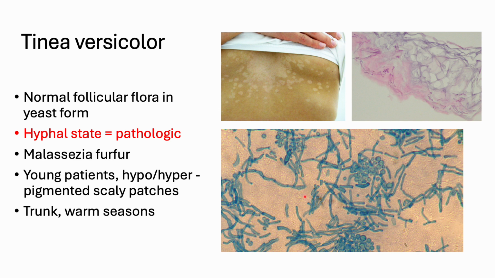It happens usually in young patients. And the reason for the hypopigmentation is because the Malassezia furfur can interfere with the melanin synthesis. That is the reason causing the hypopigmentation. But in the light-skinned patient, there will be some hyperpigmentation due to the inflammation.